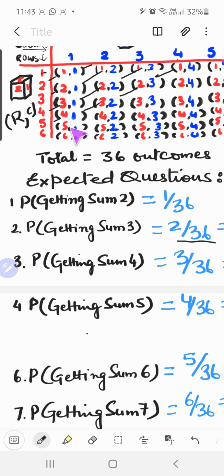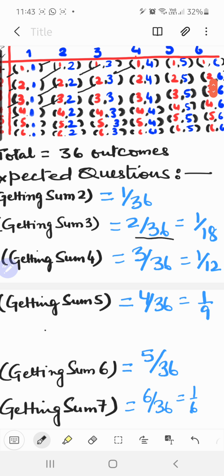If the sum is 4, you will consider this diagonal, and in this diagonal there are three cases giving us the sum 4: 3 and 1, 2 and 2, or 1 and 3. So there are three favorable cases out of 36, and therefore the probability of the event is 1 by 12.